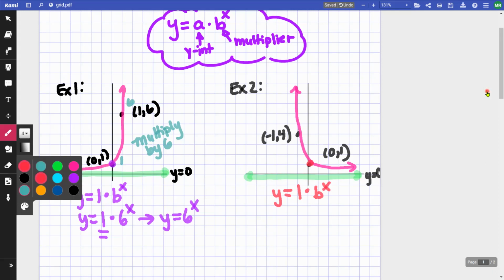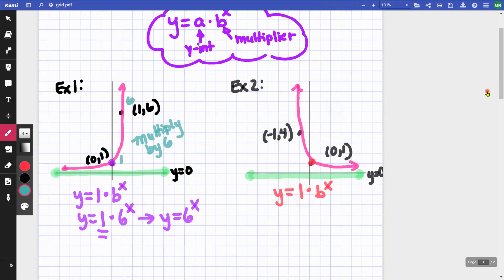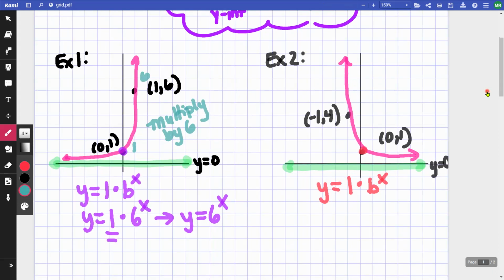Now, when we're looking at this, we want to see, what are we multiplying by? What's happening is I was up at a height of 4, and now I'm down at a height of 1. So I'm really dividing by 4, but we don't like to say divide by 4.